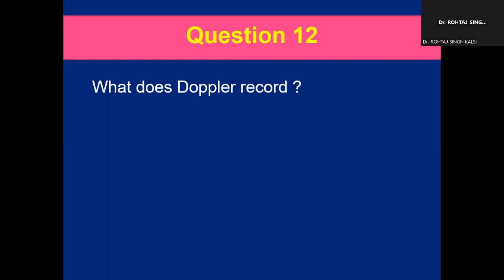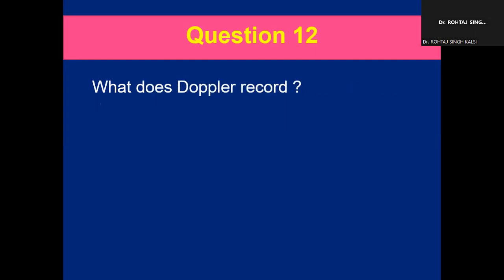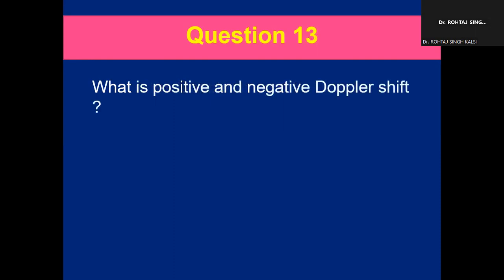Anyway, let's move to Dr. Devendra Pratap Yadav. What is positive Doppler shift? What is negative Doppler shift? Sir, it's the velocity towards the transducer and away from the transducer. Towards the transducer, is it negative or positive?